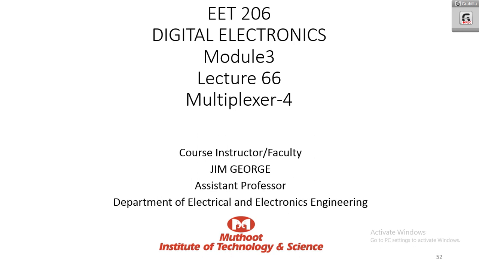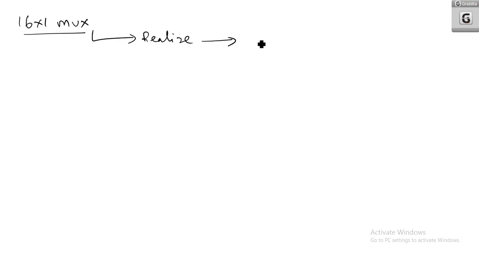Now, moving further, in this lecture, what we are going to deal with is, suppose I have a higher order multiplexer, say a 16x1 multiplexer, how to realize that 16x1 multiplexer using a lower order multiplexer, for example a 4x1 multiplexer.